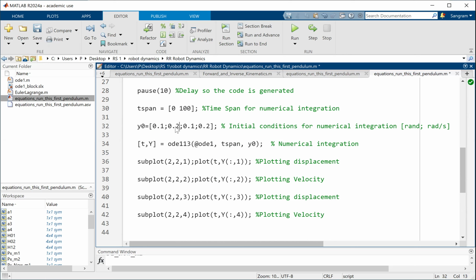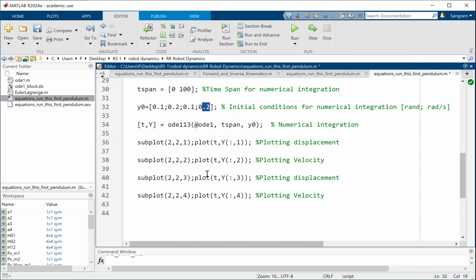This is theta 1d, theta 2, and then I have theta 2d. So I have the initial position and initial velocity of joint theta 1, and the initial position and initial velocity of theta 2. And then I perform the numerical integration and generate the plot. To solve, what I would do is press this run button.